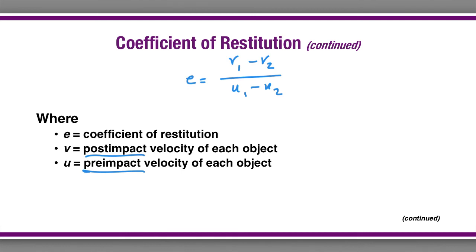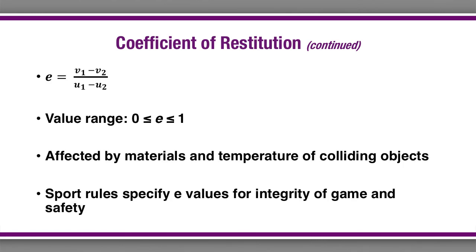So coefficient of restitution is the difference in post-impact over, or divided by, pre-impact velocities of two colliding objects. Coefficient of restitution does have a value range between 0 and 1, okay, so it can be anything from 0 to 1. It is directly affected by materials themselves and even temperature of colliding objects.